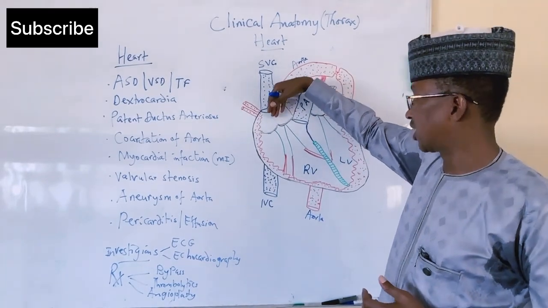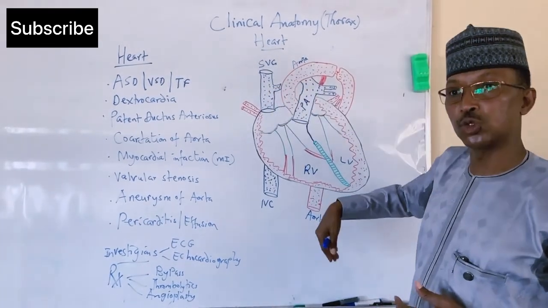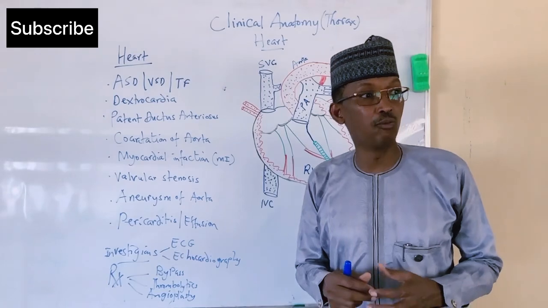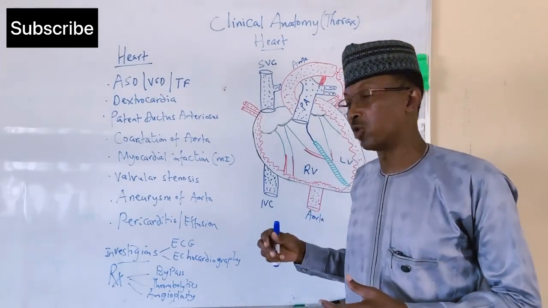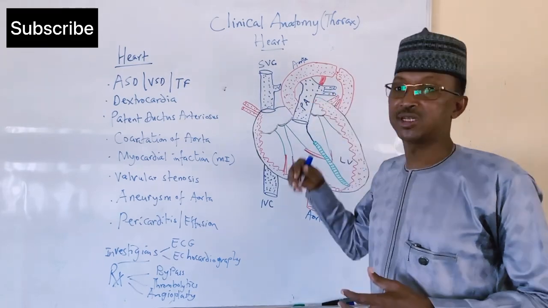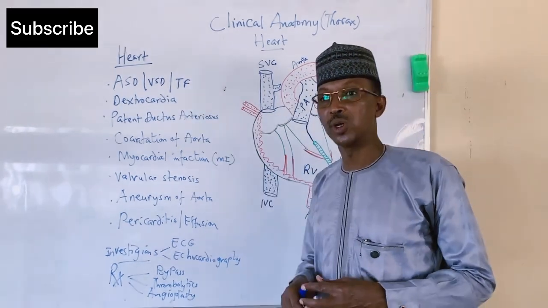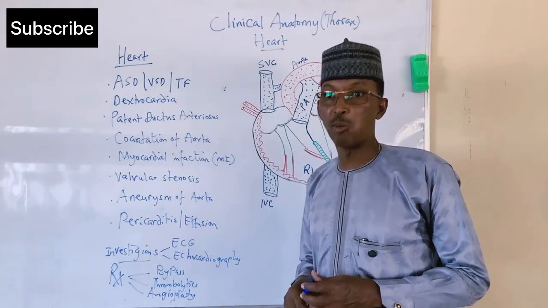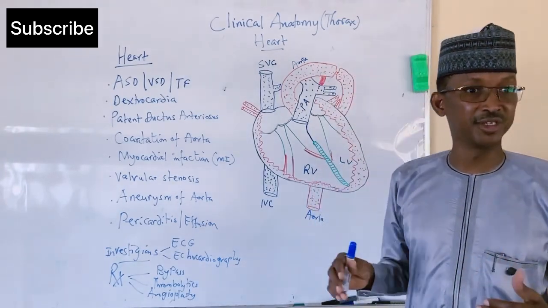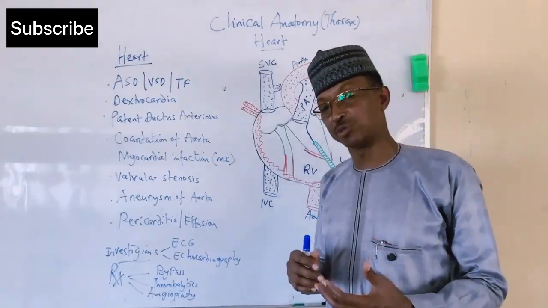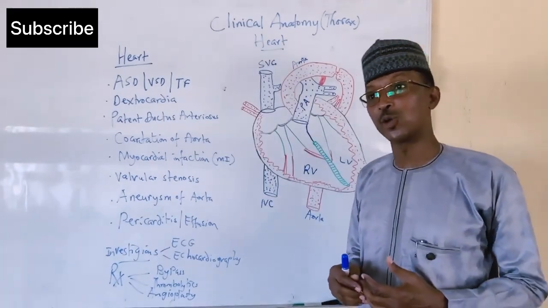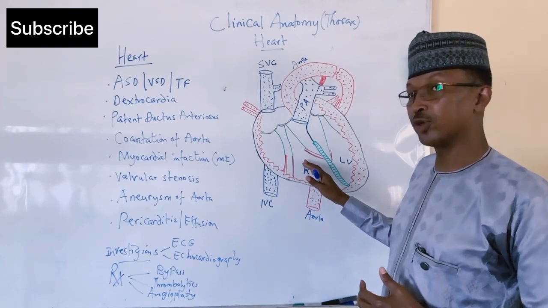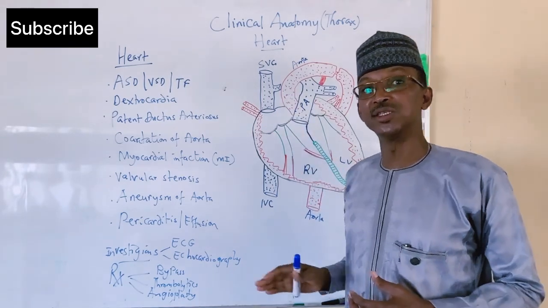So the blood going into the right ventricle is a mixture of both deoxygenated blood and oxygenated blood coming from the left atrium. That is what we call ASD. And mostly patients with this kind of disease do not have cyanosis, because it is oxygenated blood that is mixing with the deoxygenated blood, and blood from the right ventricle is going straight into the lungs.